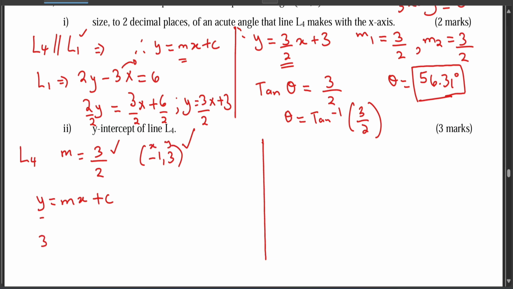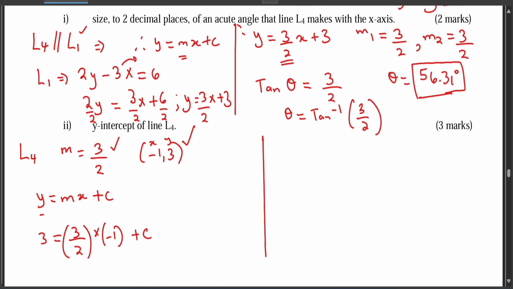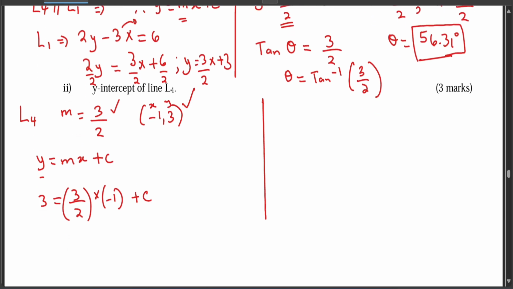So y, which is 3, is equal to your gradient, which is 3/2 times x, which is -1. So I'm just multiplying this plus c. Wewe kazi yako tu kutafuta c. Sawa. Hauna kazi nyingine, ni wewe tu utafute c. Now by the way, ikiwa ushapata c pia y-intercept utakuwa ushapata. So 3/2 times -1 ni -3/2.